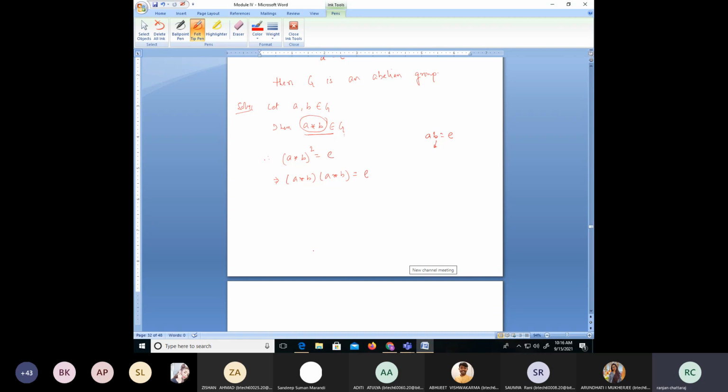If A asterisk B is equal to E, then what is the relation between this A and B? Sir, B is the inverse of A. B is the inverse of A, that means A inverse is equal to B. You can write it like this.